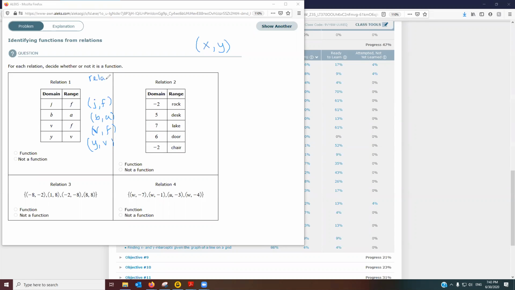You're just listing out these kind of XY pairs. But how do you know if XY pairs represent a function or not?